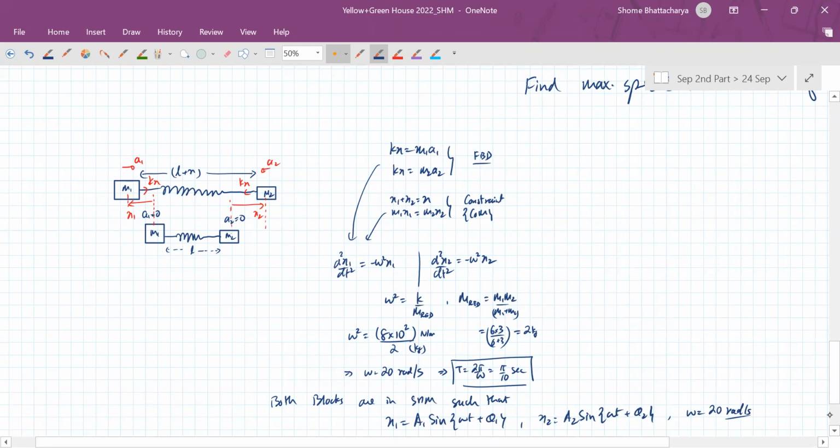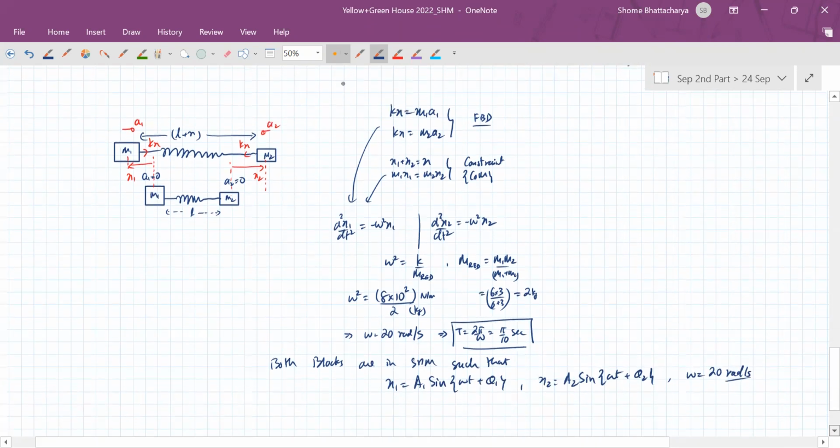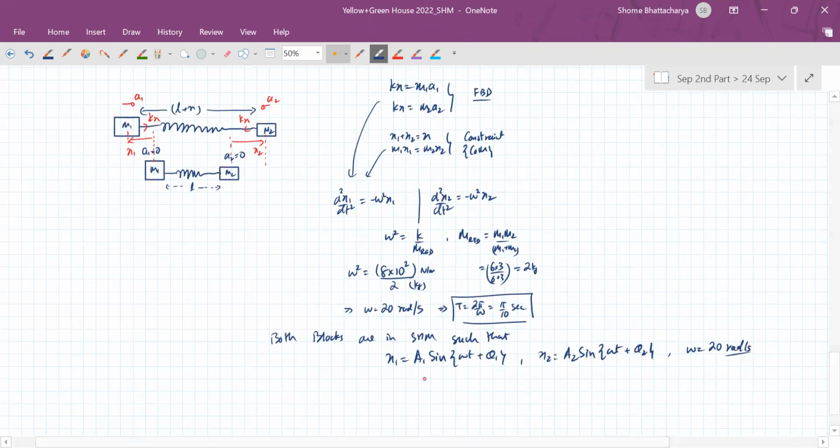Okay. So how will we get A1, A2 and phi 1 and phi 2 from the initial conditions? So A1, A2, phi 1, phi 2 will come from the initial state, that is x1 at t equal to 0 was how much? x2 at t equal to 0 is how much?